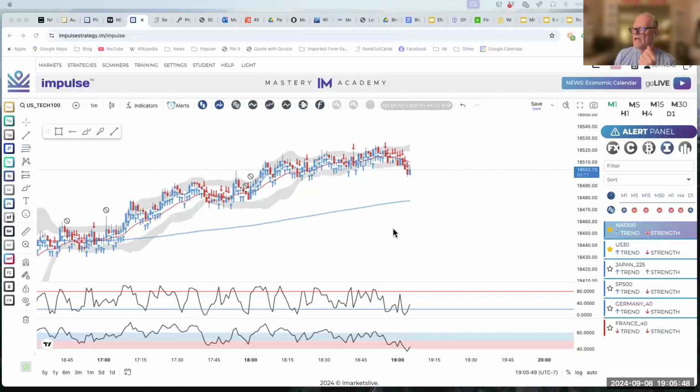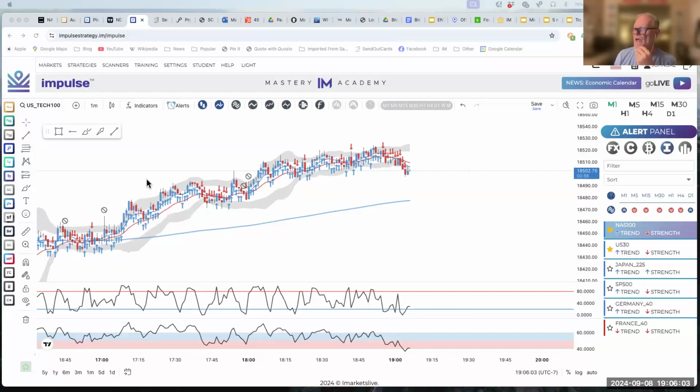So anyway, we start off with impulse as usual. This one is called US Tech 100. It's a NAS 100, sometimes called the US 100. Over here on the right-hand side, you can see it says NAS 100, and yet up here it says US_Tech 100.